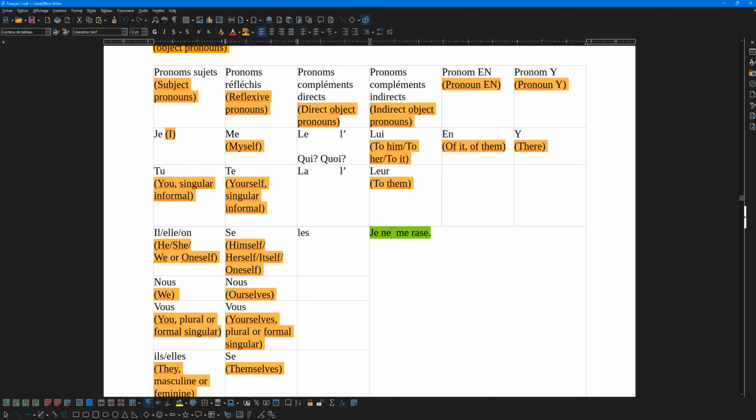Je ne me, and at the end of the verb, rase pas. I don't shave myself. You can see I put ne and pas around the verb, but I still have to put me, that is the pronom complément, in front of the verb of action. Je ne me rase pas.